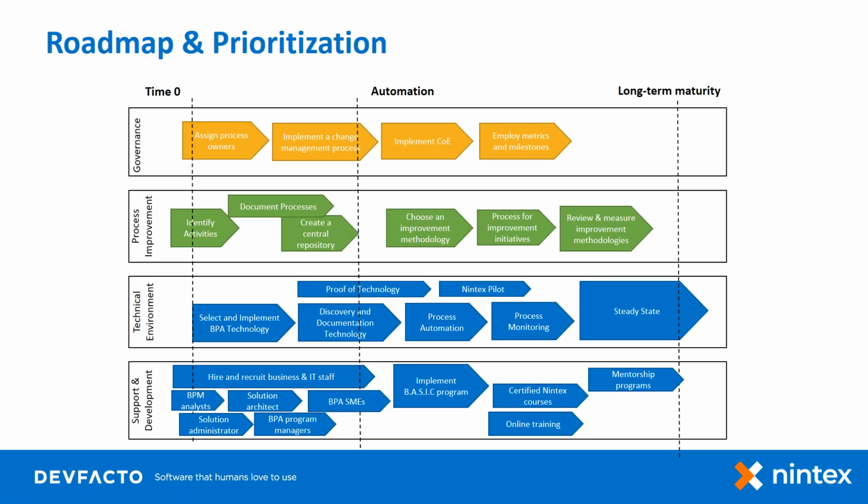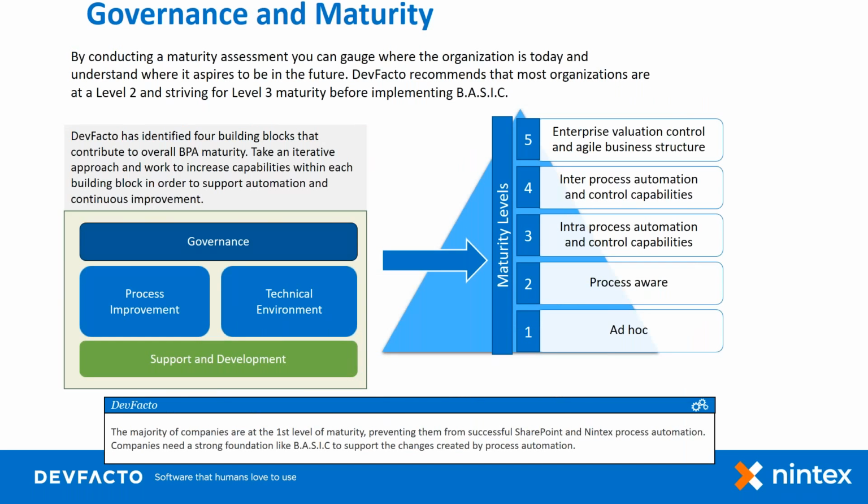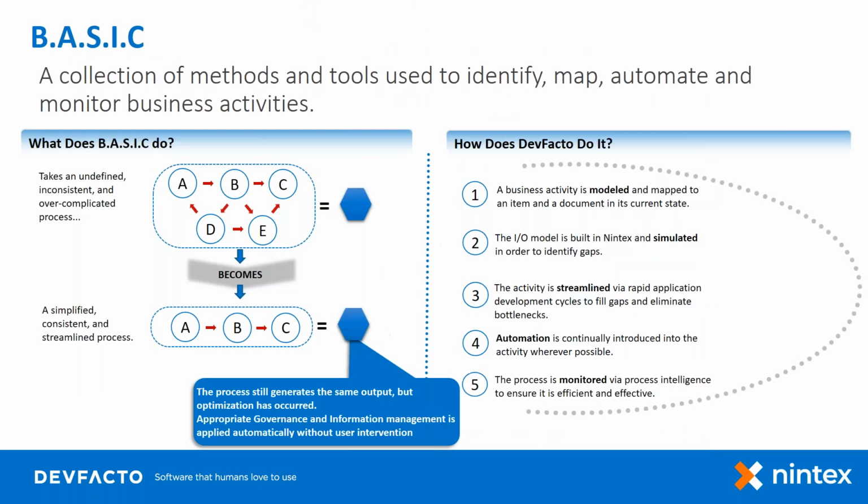De facto can help you in road mapping and prioritization in your IPA journey. We can also facilitate your governance and maturity in the IPA world as you progress through your journey. And B.A.S.I.C A is a collection of methodologies and tools that we utilize in conjunction with Nintex to facilitate that.